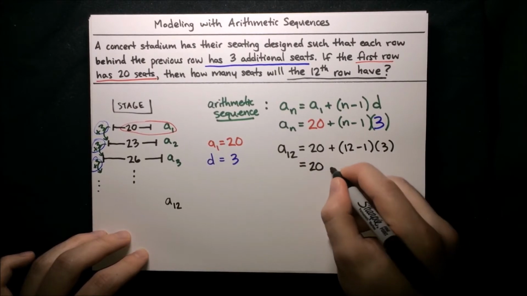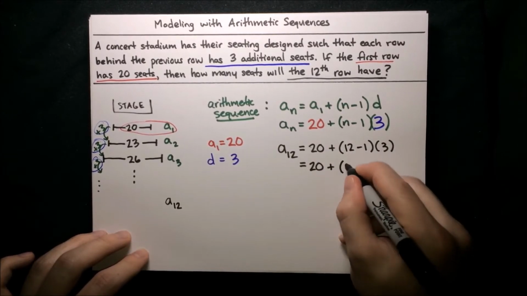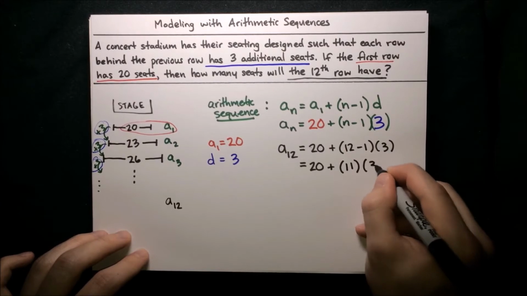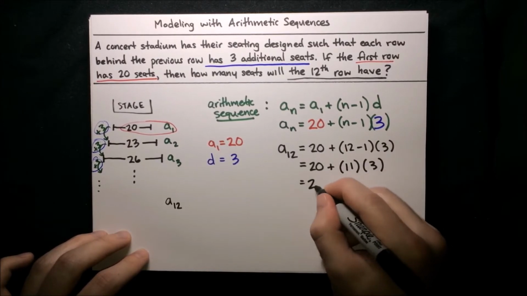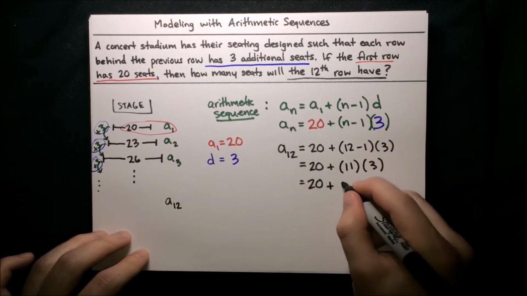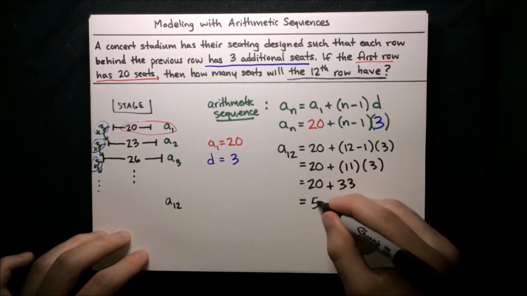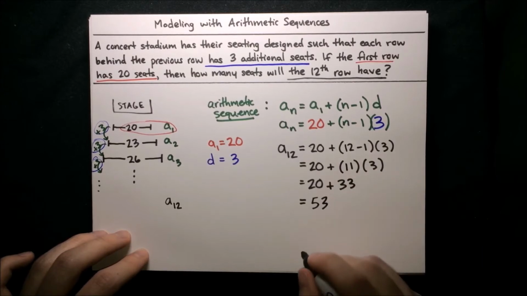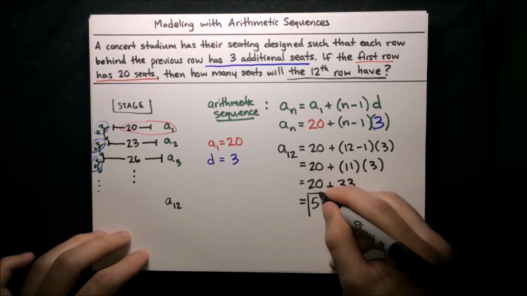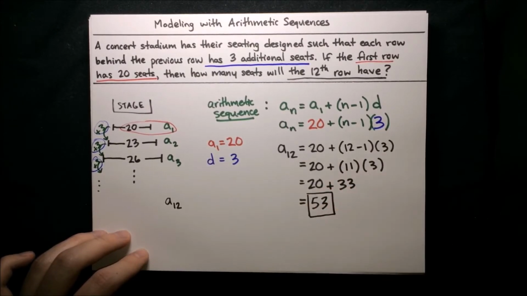So that's 20 plus 12 minus 1 is just 11, and then that times 3, which means it's 20 plus 11 times 3 is just 33, and 20 plus 33 is 53. So there we go. That's how many seats the 12th row has. 53 seats.